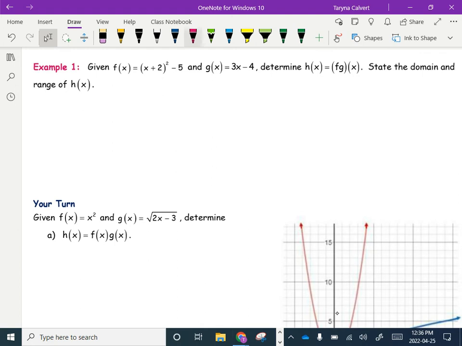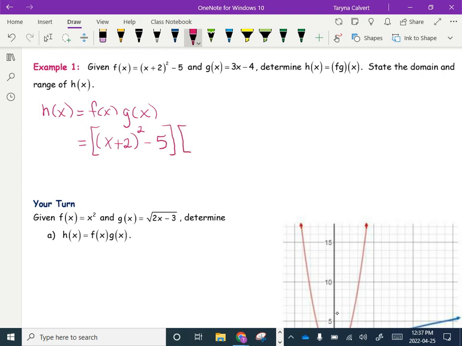So you're definitely going to be using some algebra skills, right, to simplify these functions. So your h function is going to be found by taking your f function and timesing it by your g function. So do the substitutions. So my f function is (x plus 2) all squared minus 5. And we're going to times that by my g function.